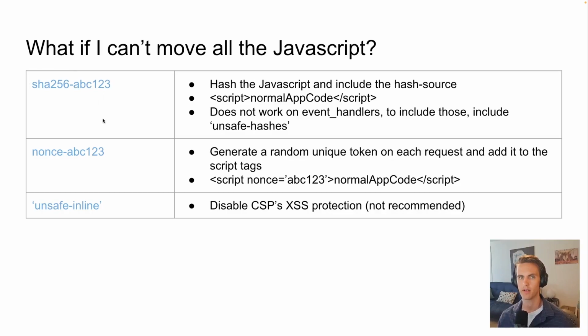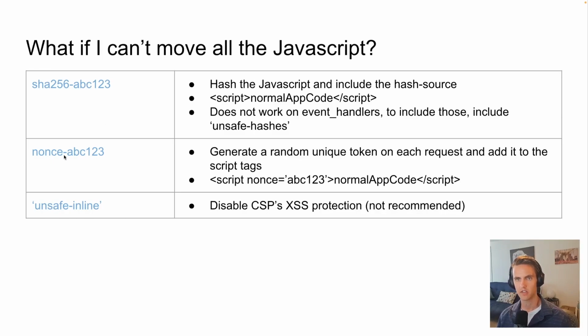When the browser encounters some inline JavaScript, it sees if it's part of the policy. If the hashes match, it is allowed to run. This can be very useful, for example, if you're a larger organization with thousands of pages that all have the same JavaScript snippets: you can just take the hash of it, include it in your policy, and you don't have to move all 1,000 lines.